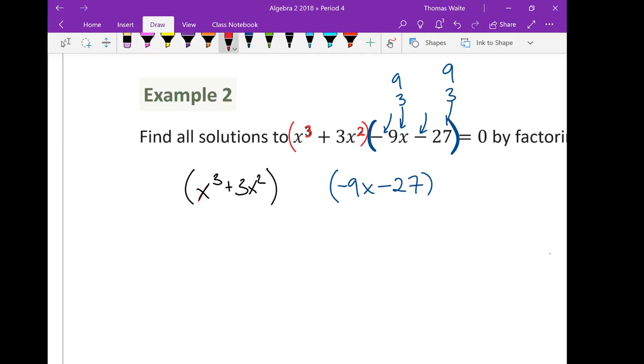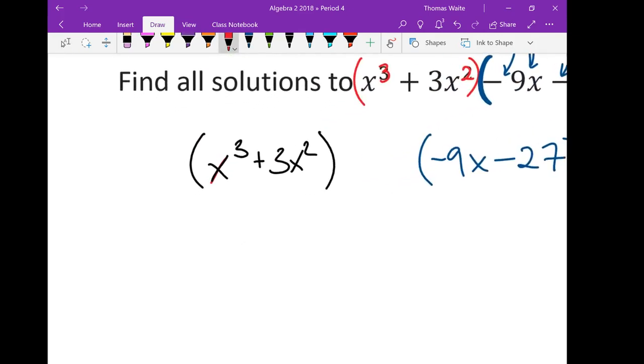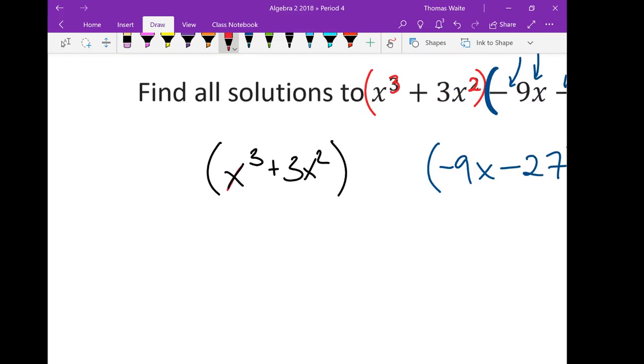So looking at the first one, I need the biggest common factor. First, the coefficient in the first term is like a 1, a 1x cubed, and in the second one the coefficient is a 3. So 1 and 3 don't have any common factors other than 1, which is not very interesting. But the x squared and the x cubed do have something in common.